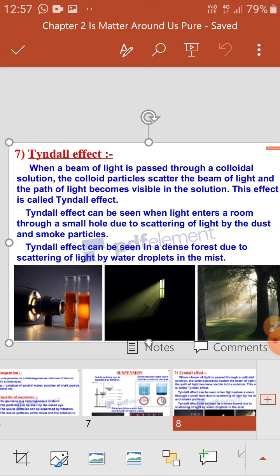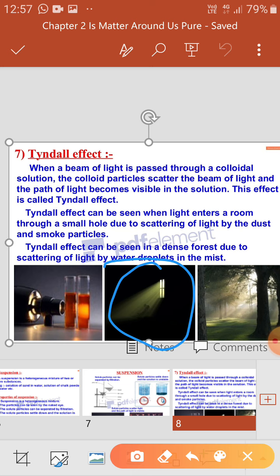If you see this second one, there is a dark room with only one slit or window, and when the light enters, you can see the path of the light. This is the path of light.